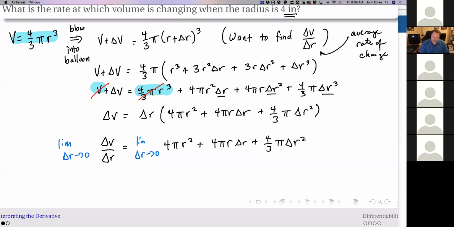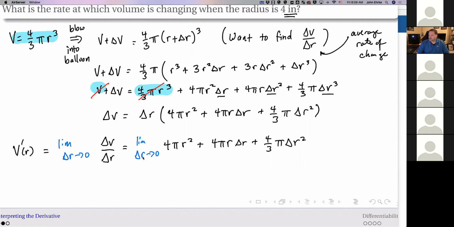And the limit on the left-hand side is just the derivative at R, right? The limit as delta R approaches 0 of delta V over delta R. From last class, we said that that is the definition of the derivative. So that is the derivative of volume at a particular radius.